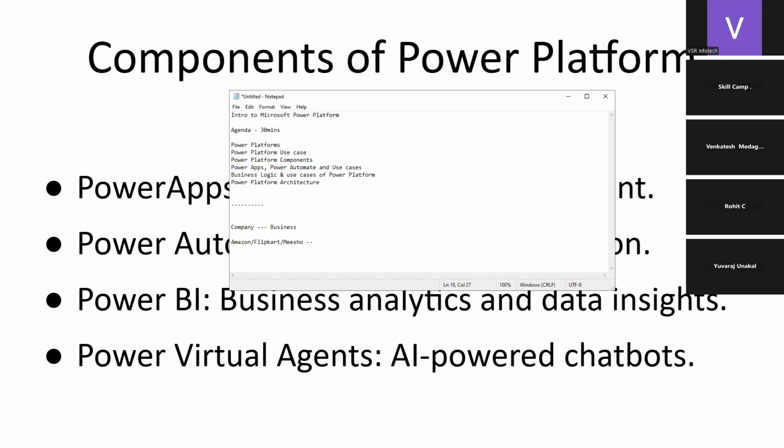Can you guys tell me what business do these companies cater to? What is their business source? E-commerce. Exactly. So it's e-commerce, they sell retail stuff. So these companies come under these two domains, either e-commerce or the retail stuff.